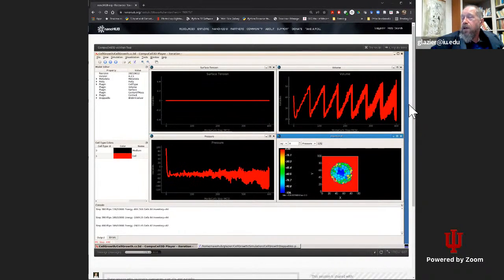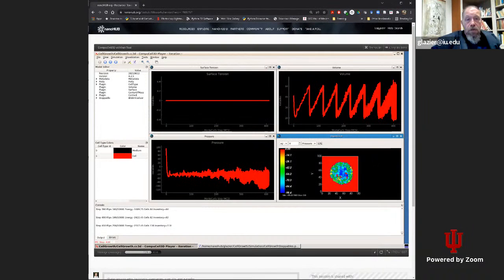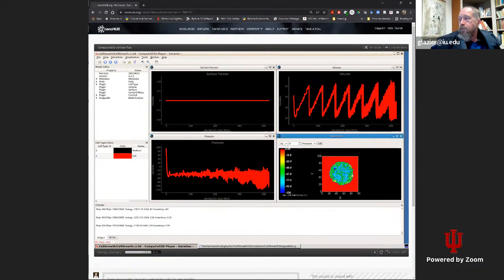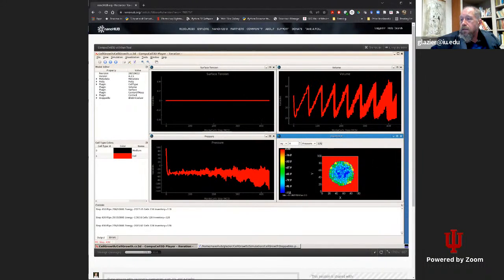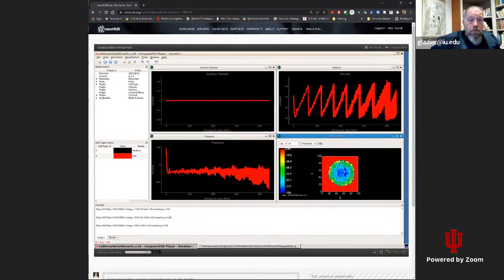Let's see what happens to the volume when I fill all the space. Is it going to keep going down the way it did before? And what happens to the maximum pressure? And the surface tension plot isn't doing anything because I turned off the surface tension.